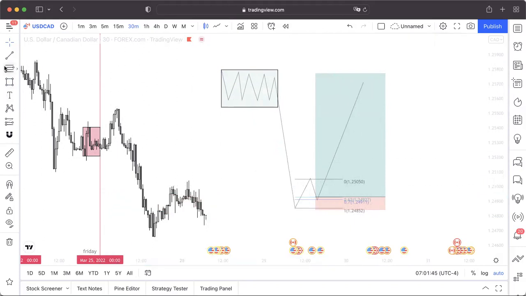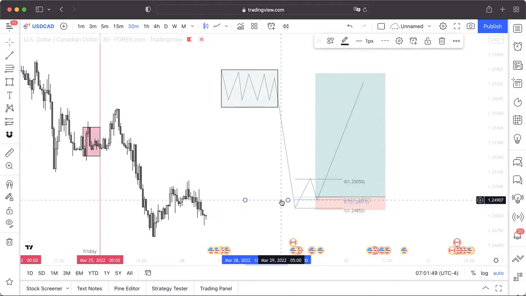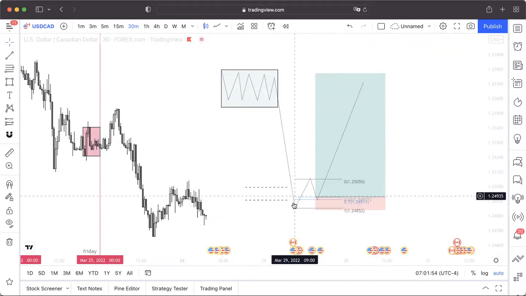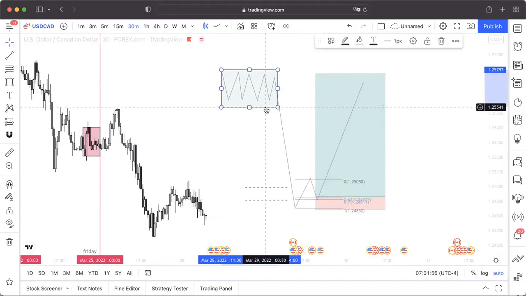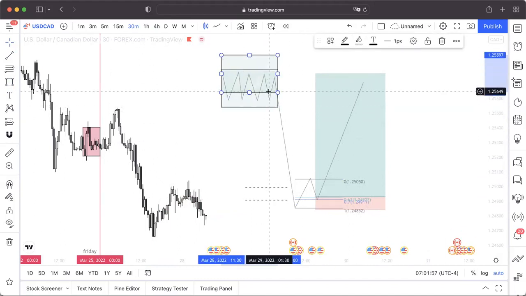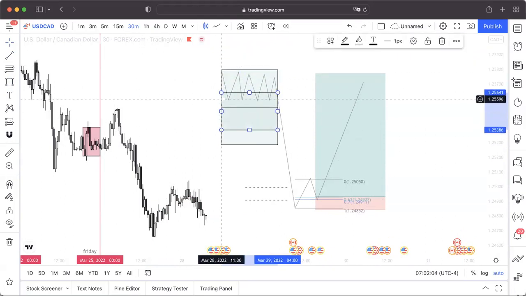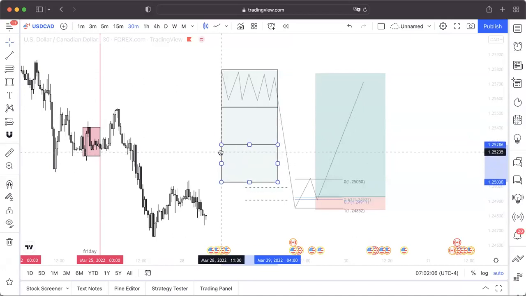You can also use a fair value gap if the market is aligning with it, then it's also something you can use. But eventually you will see that it's of course also aligning with the standard deviation.